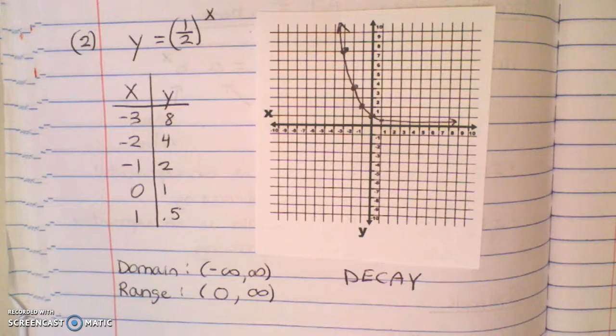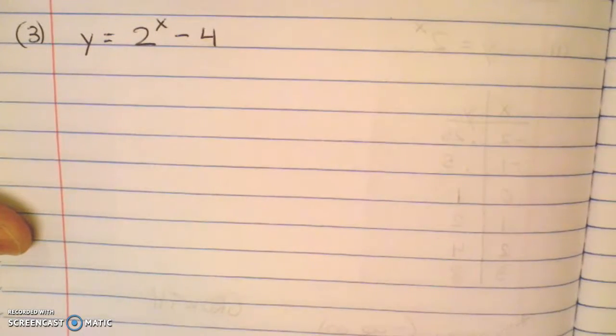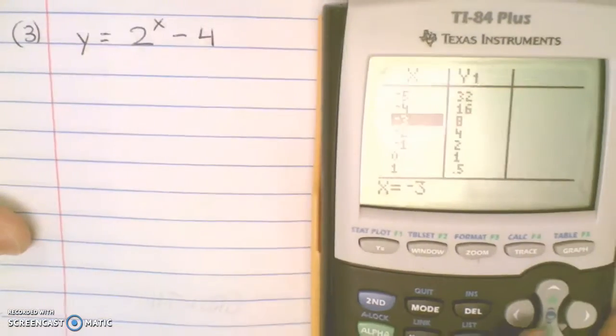And we're going to look at one with growth again. Okay, so we're going to go back to that same equation that we saw earlier, but we're going to add in one extra step here. We're going to say 2 to the x minus 4. So I just added in the little extra piece there.